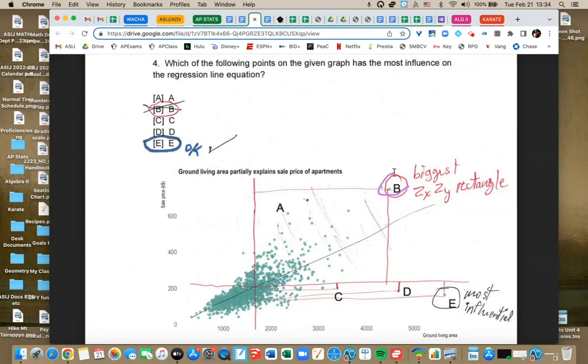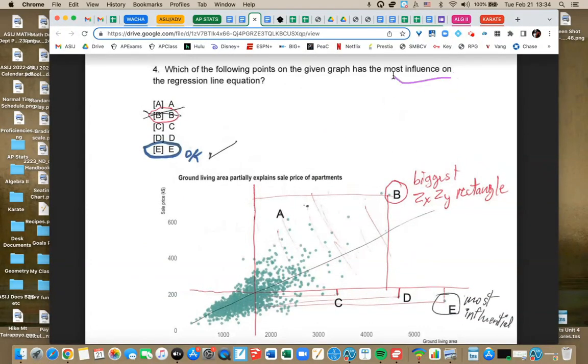You can see this point B right here has a big effect. That's very true. It has a big rectangle. But what they're talking about when they say influential is a point that is not in line with all the other points. So it is changing the slope because it's so far away and not in line.